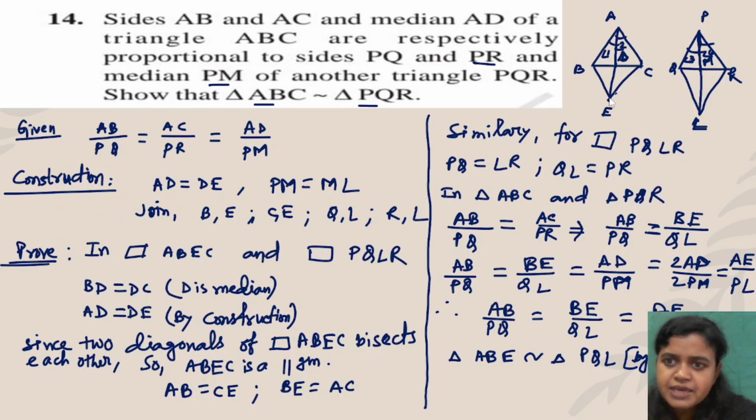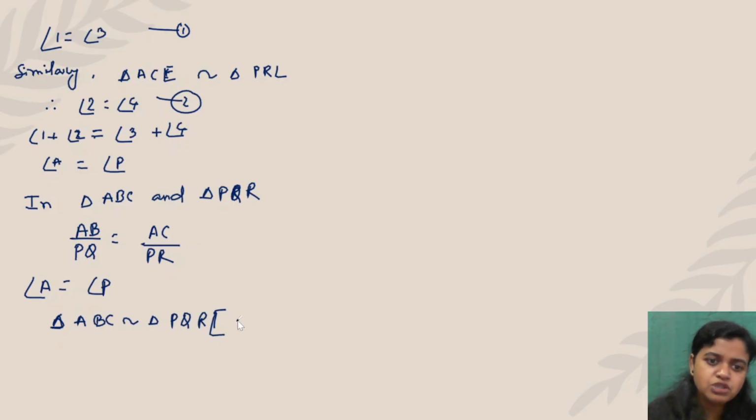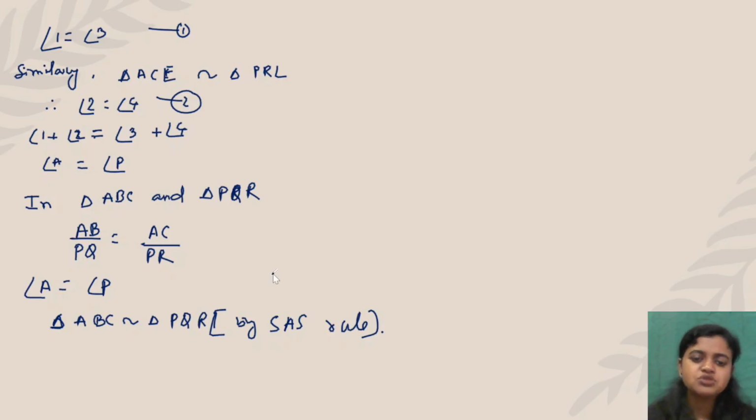So AB by PQ is equal to AC by PR, and we know angle A equals angle P. So by the SAS rule, we can say triangle ABC is similar to triangle PQR.